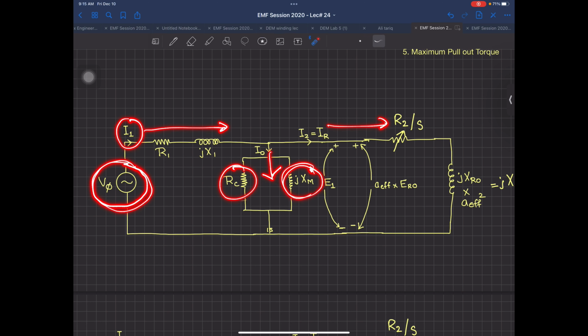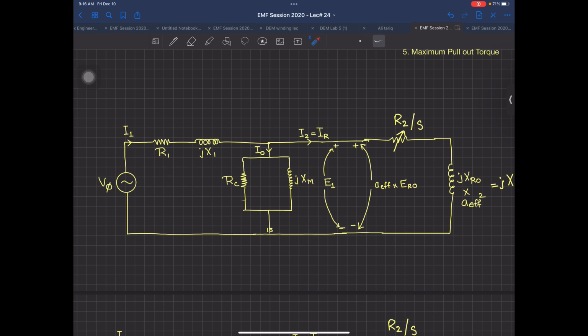Since the JXM current will be smaller, your flux produced in the air gap is going to be smaller, so your torque production is going to be on the smaller side. So you are going to have less flux inside the machine if you change your applied voltage.